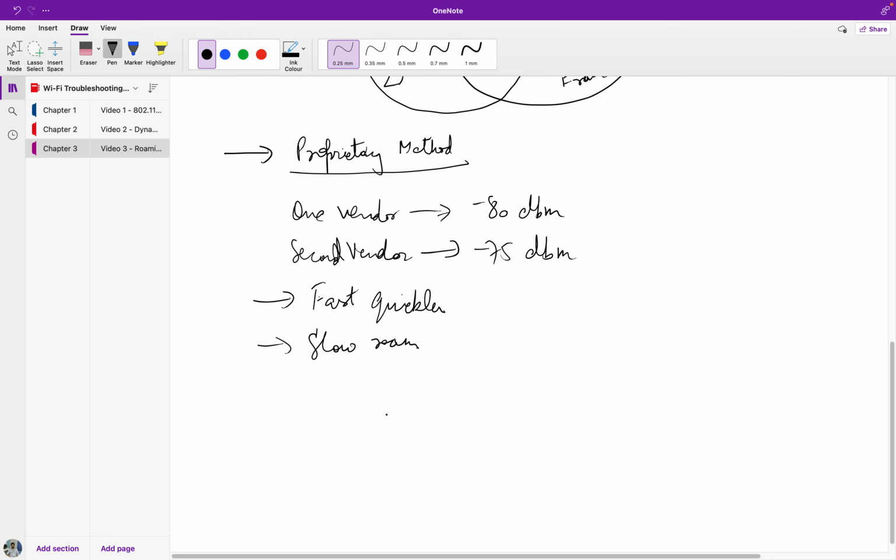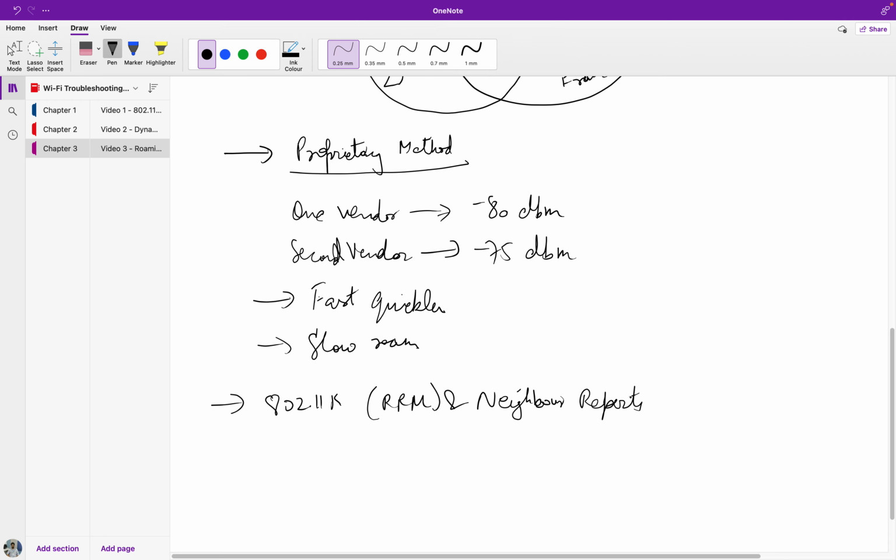Now one more thing, there are some measures taken by IEEE to encourage and make sure roaming is streamlined, something like 802.11k, which is kind of like radio resource management, and they also build neighbor reports and understand what APs are next to me, which are providing me with this much signal, and all the parameters which I talked about.